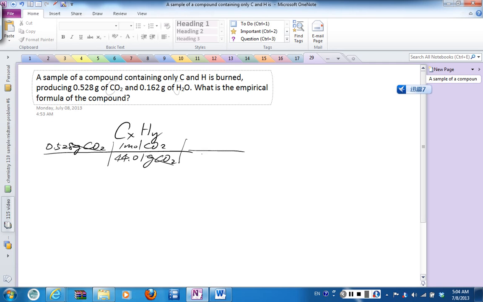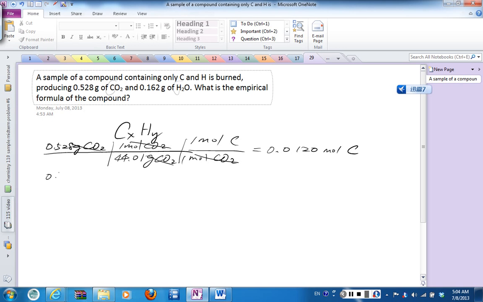We don't need moles of carbon dioxide, so let's get rid of that. And we do want moles of carbon. And lucky for us, it's a 1-to-1 ratio, so this should be pretty easy to do. The calculation result shows that we have 0.0120 mole of carbon in the compound that was burned.